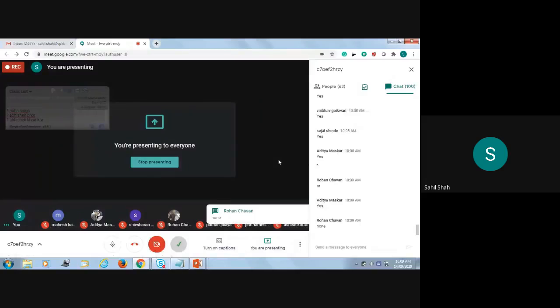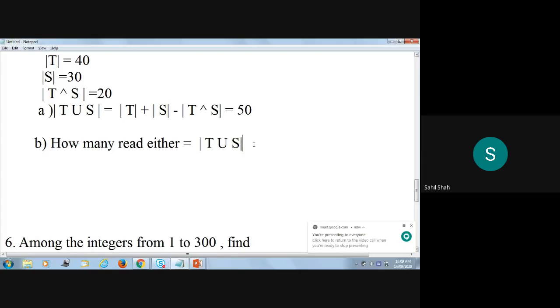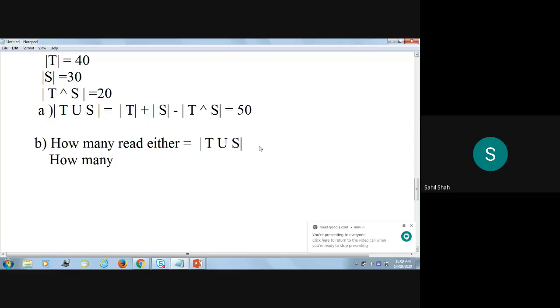Wait for a while. How many read either means this one, T union S. And if it is asked how many read neither, what is the opposite of either? Neither this nor that. So how am I going to represent neither this nor that?